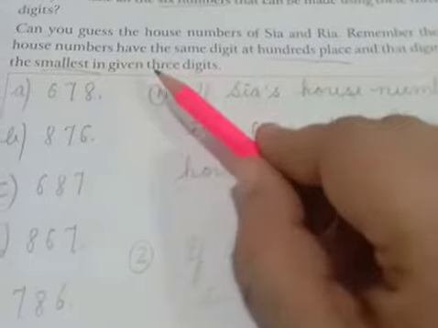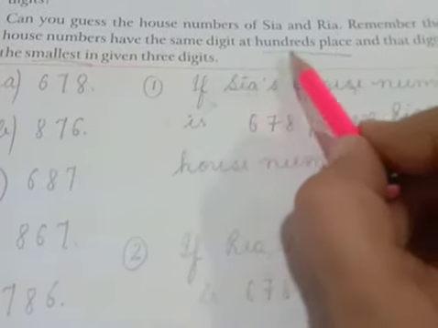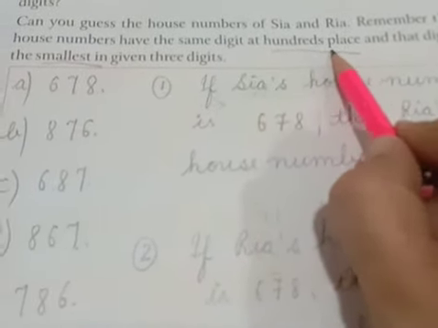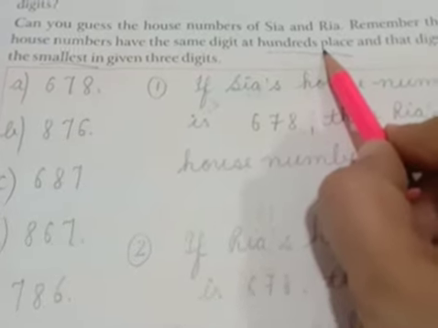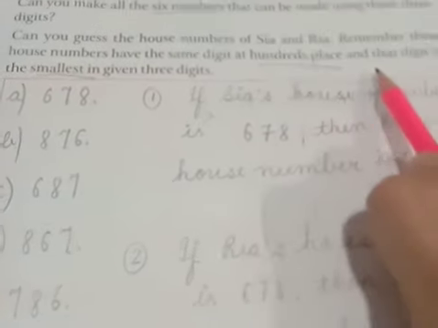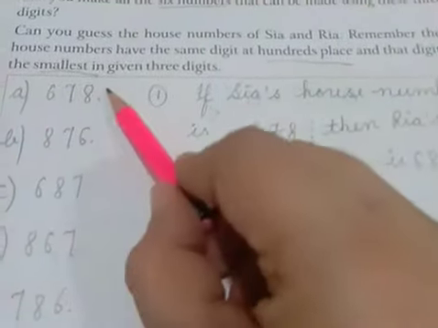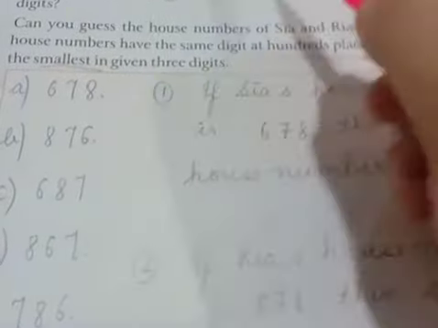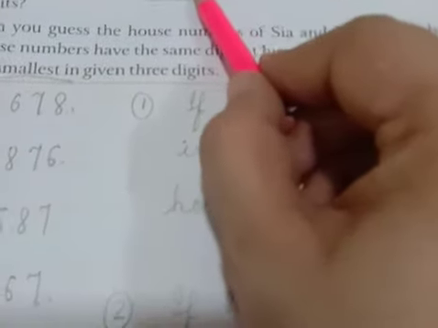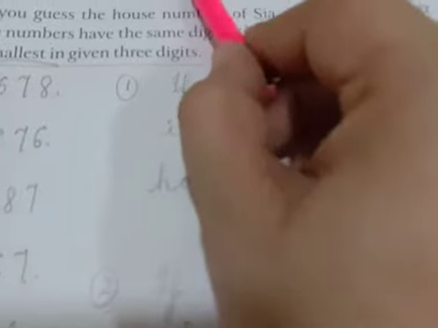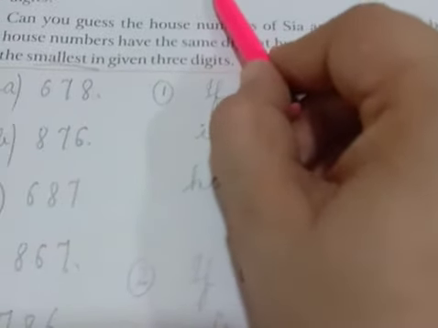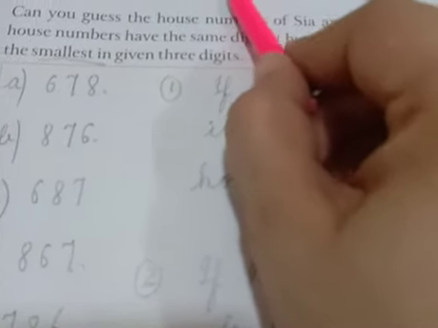Remember, their house numbers have the same digit at hundreds place. 100 place पे उनके house number में same digits है and that digit is the smallest in the given 3 digits. तो 6, 7, 8 which is the smallest? 6 is the smallest. तो उनके house numbers में सबसे पहले 100 place पे क्या है?